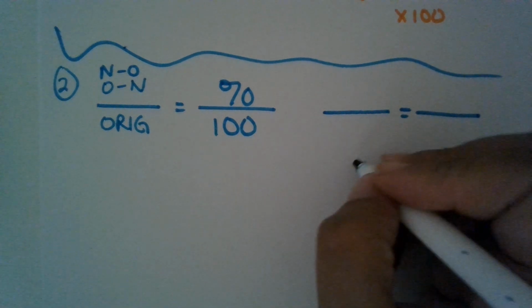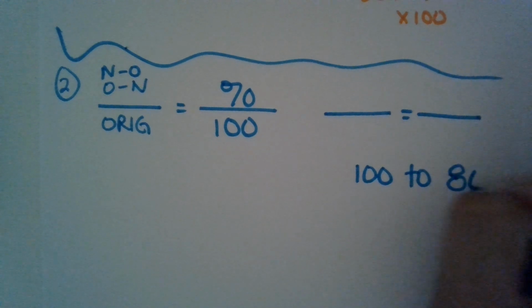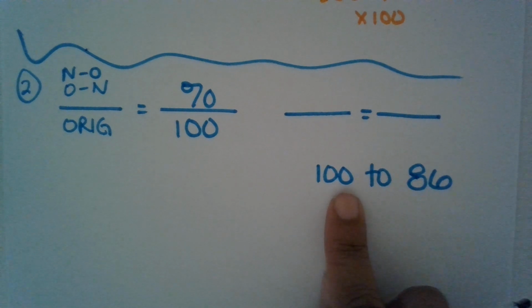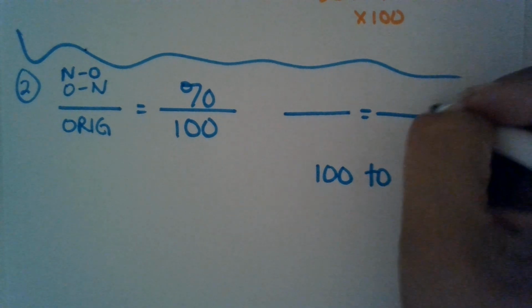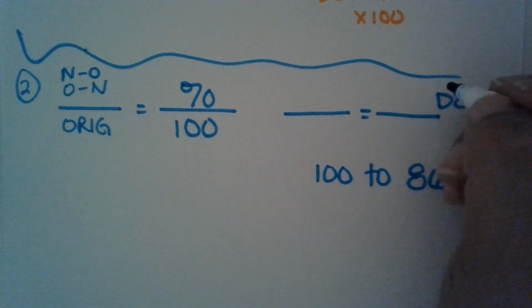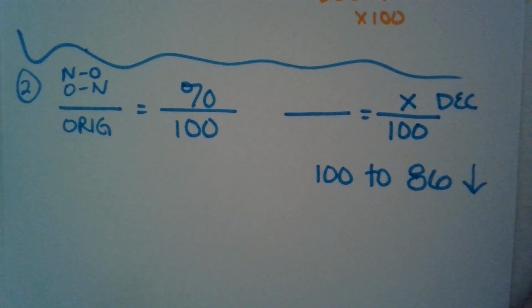So if I have, what's the percentage from 100 to 86? Well, first off, I know if I'm going from 100 to a number lower than that, this is a decrease. So I already know this is a decrease question. We just don't know about how much. But I know it has to be out of 100.